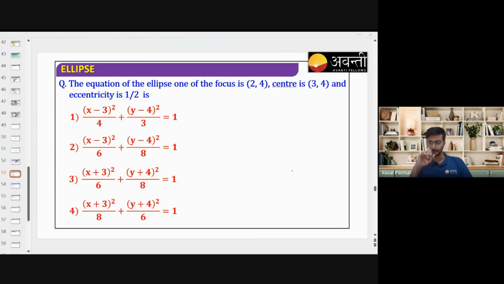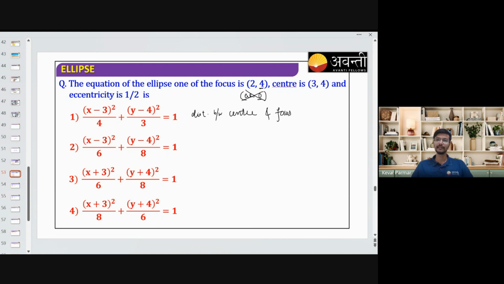Remember here, we cannot take the focus at (a, 0), right? How can we take (a, 0), guys? As you can see, here it is not 0. That means we have to use a shift of origin, right? So what we can do, according to me, I think, is take the distance between center and focus.